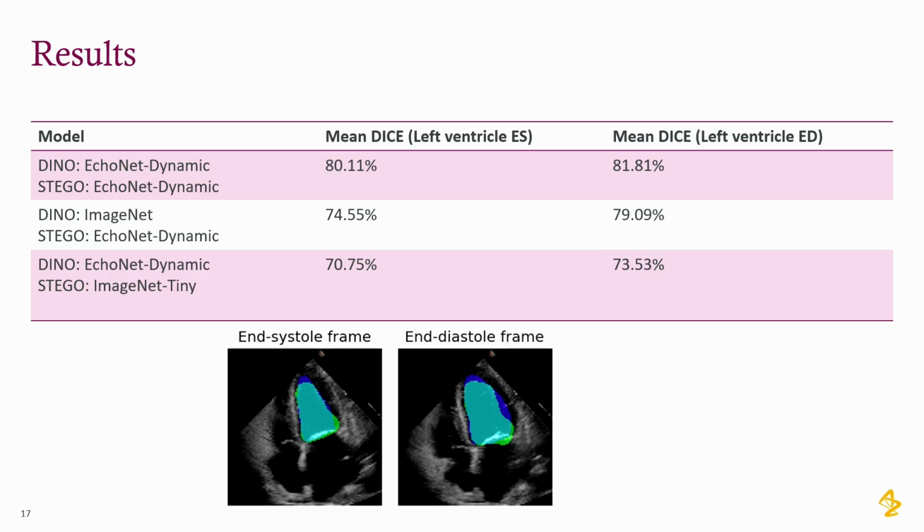And at the bottom, you can see 2 images of the segmentation compared to the true annotated segmentation. Blue corresponds to the true segmentation, green to the predicted one, and turquoise is where they overlap. So they basically overlap quite well, and this is general among the whole population of this dataset.